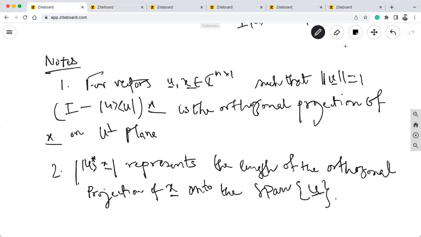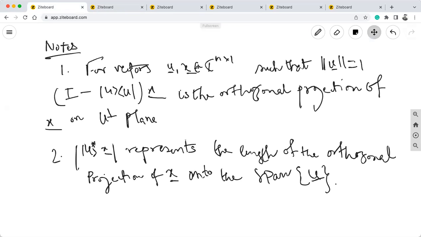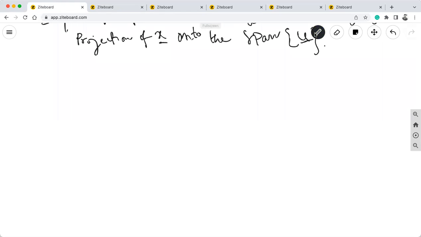Okay. So take some other notes as well in this part. Some more notes.